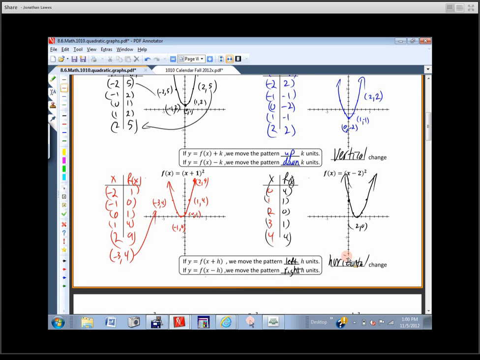Now, the cool part about this is, even though we've explored a pretty basic function using these ideas, it wouldn't matter how nasty the function is, and you'll see some pretty ugly ones in 1050 and 1060, these same ideas apply. You can tell whether or not the graph's been moved left, right, up, or down just by looking at the function and what's been done to it. When did we apply the change to x or to the function? Okay, are there any questions?